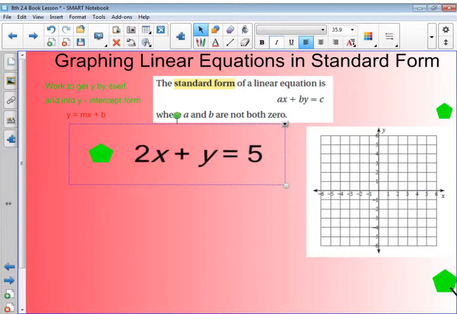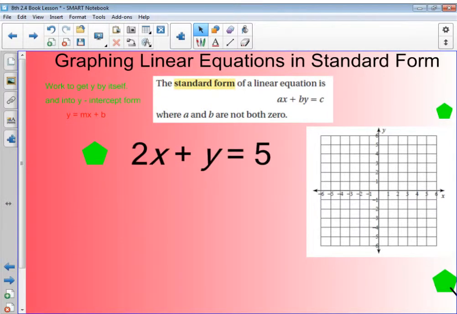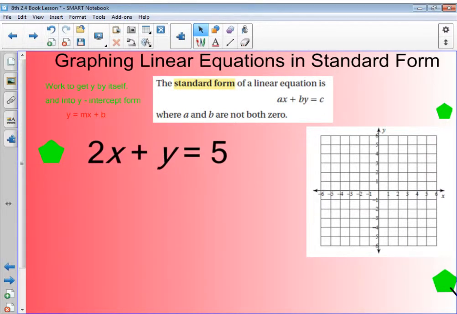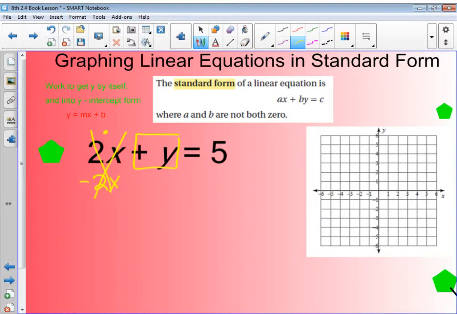Let's try this one. We've got 2x plus y equals 5. So we want to get it to say y equals. First step, get rid of anything that's not directly attached to the y. So that has to stay, so we're going to get rid of this 2x. Right now it's a positive 2x, so minus 2x, minus 2x.